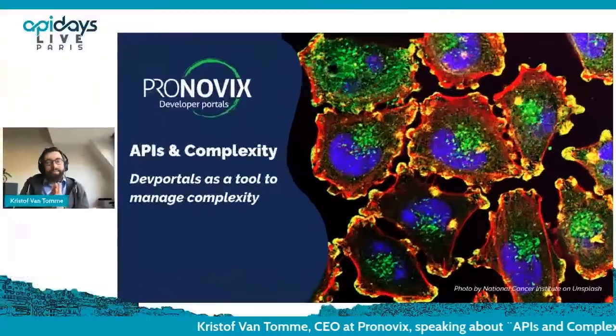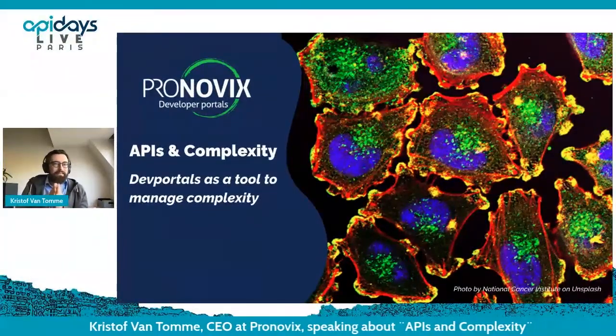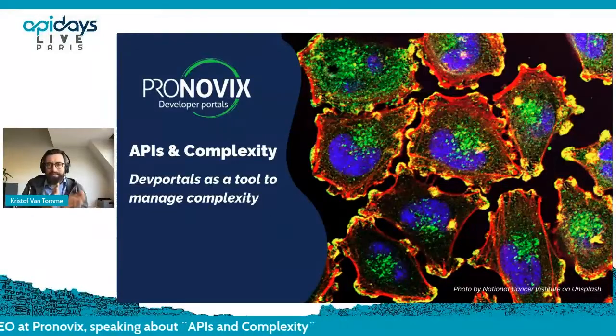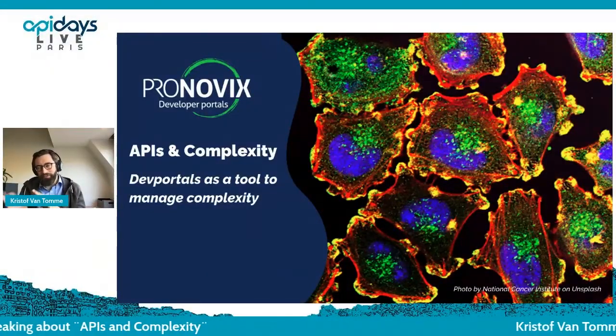So, as you've seen in the program, or maybe not, we've got this first talk, APIs and complexity, in the initial lineup. And it's a bit weird because I'm also the MC and the first speaker.